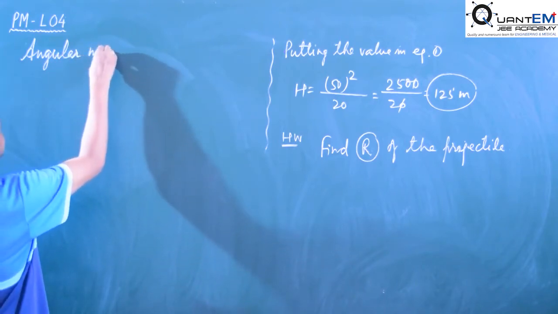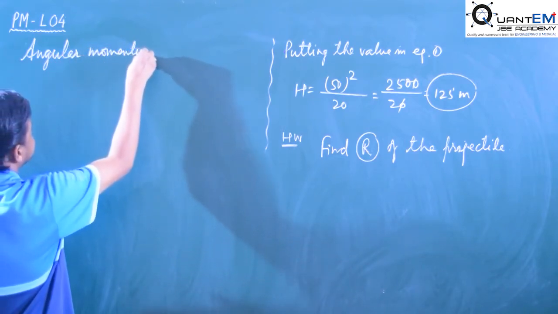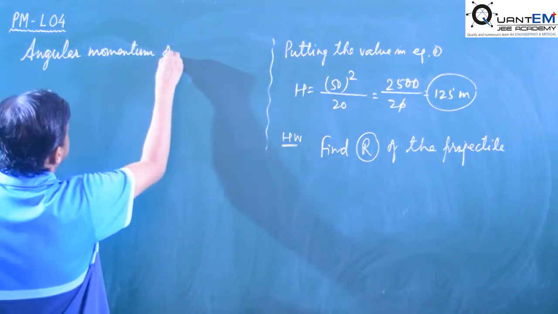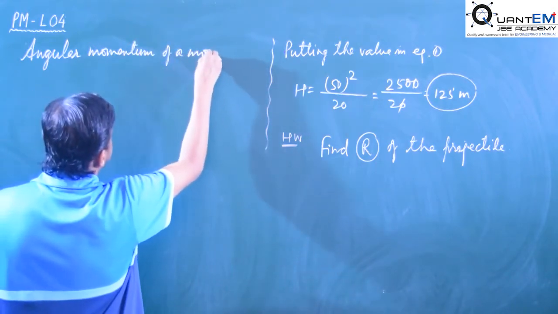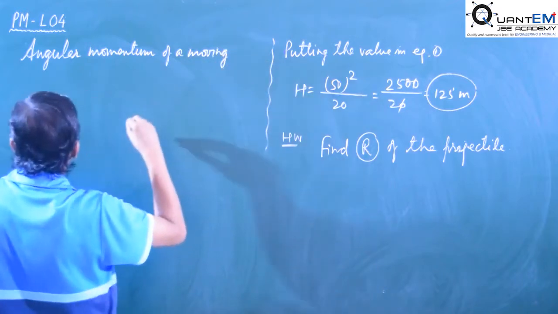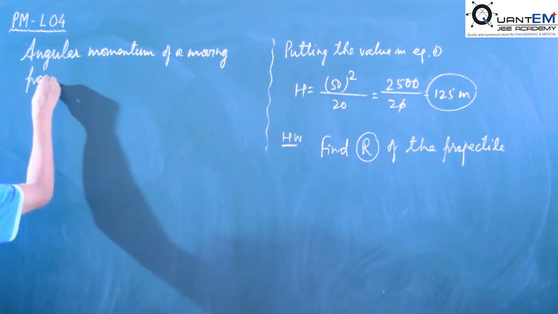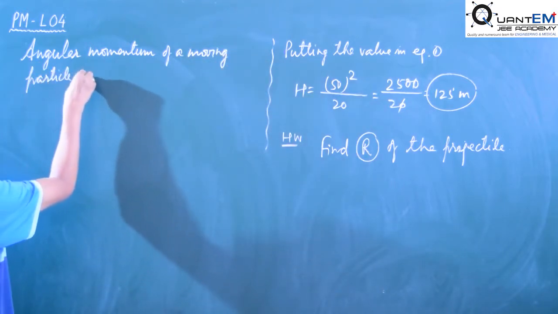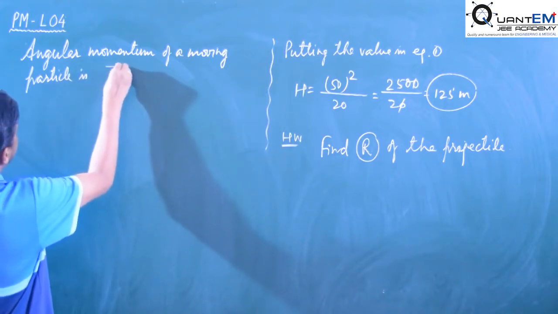Angular momentum of a moving particle is L equal to r cross p.